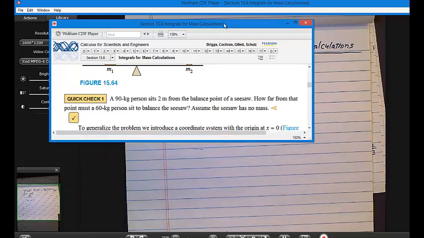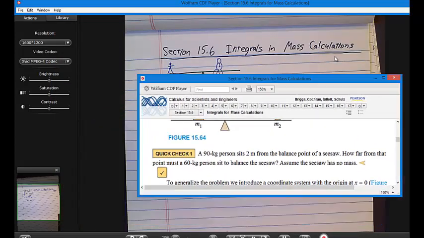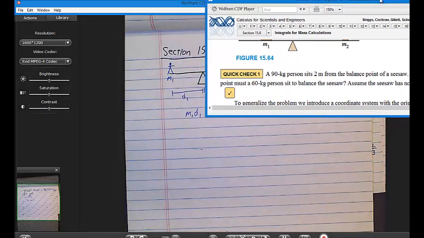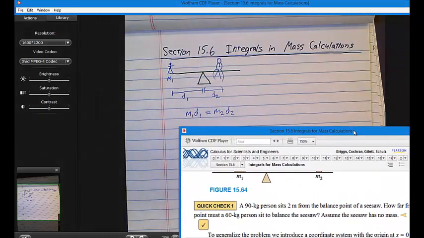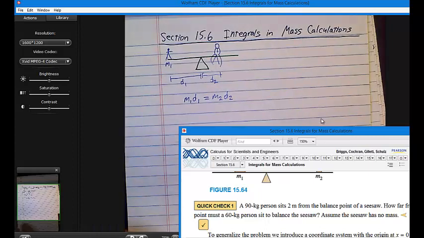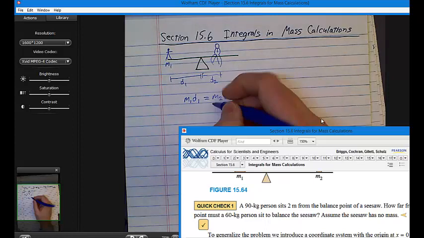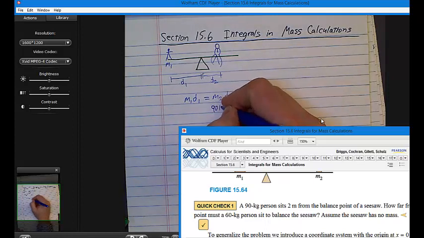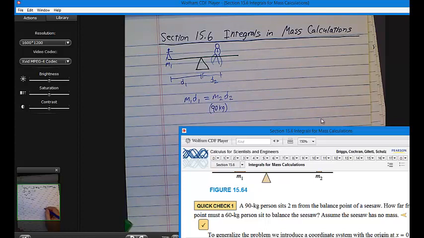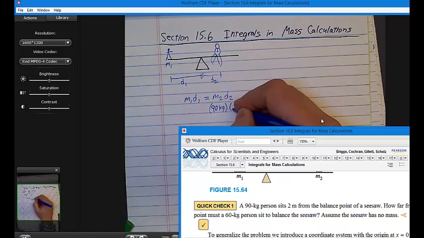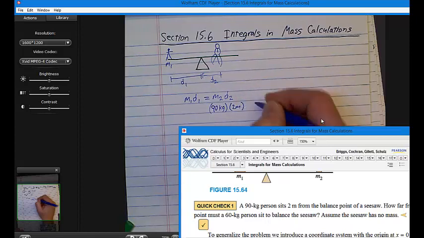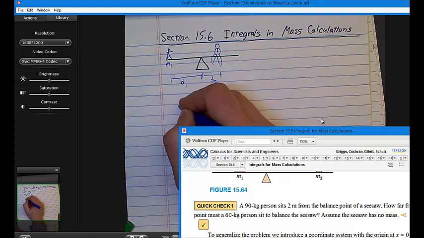So let's see. I guess we'll work it out because I promised to do some homework. Here we go. M1D1 equals M2D2. So we have, well, the bigger one, 90 kilograms, right? And the distance is 2 meters. And over here we have a 60 kilogram person.